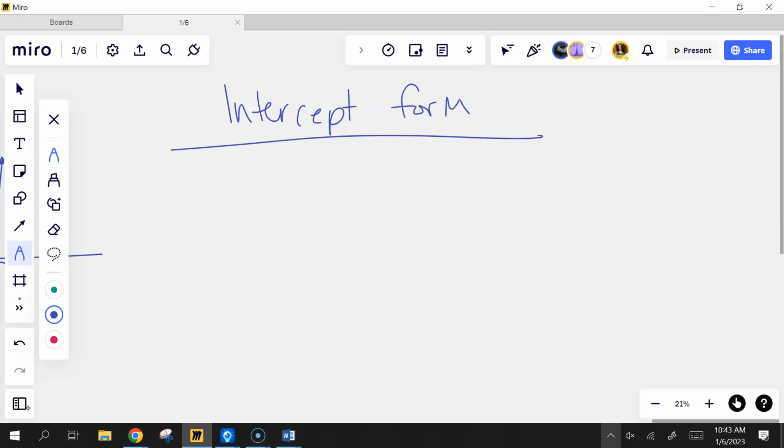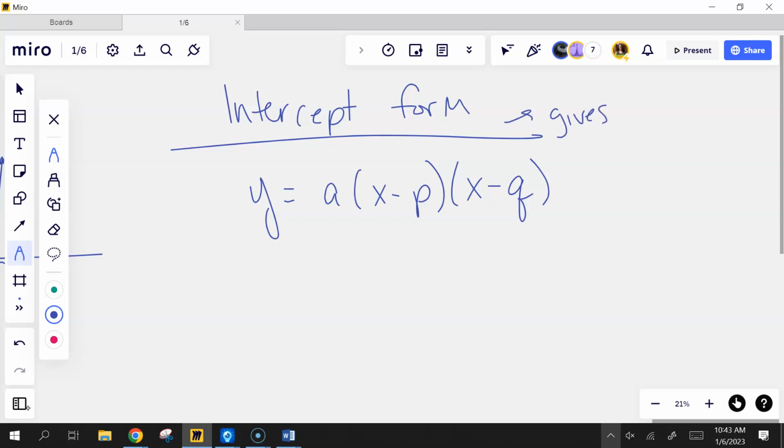It is the most different of all the forms. Has the least in common with the others. But it gives us the x-intercepts. X-intercepts, of course, are places where it crosses the x-axis.